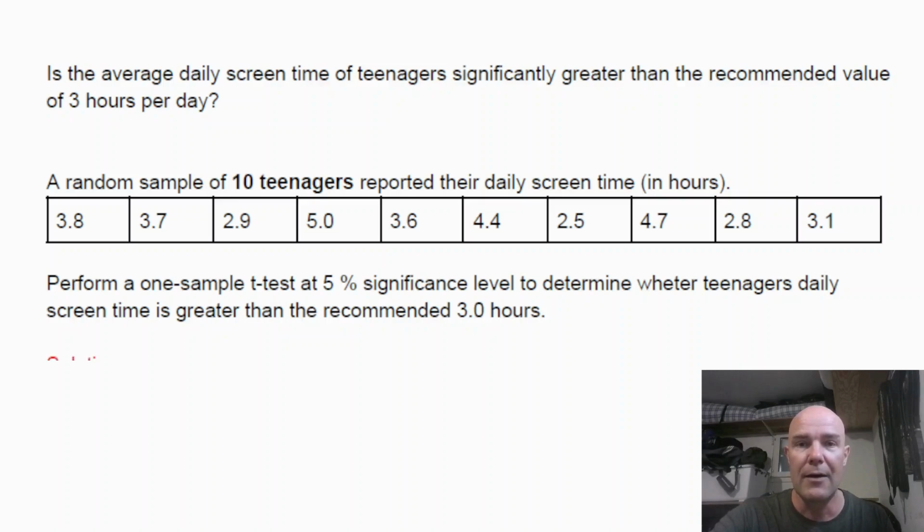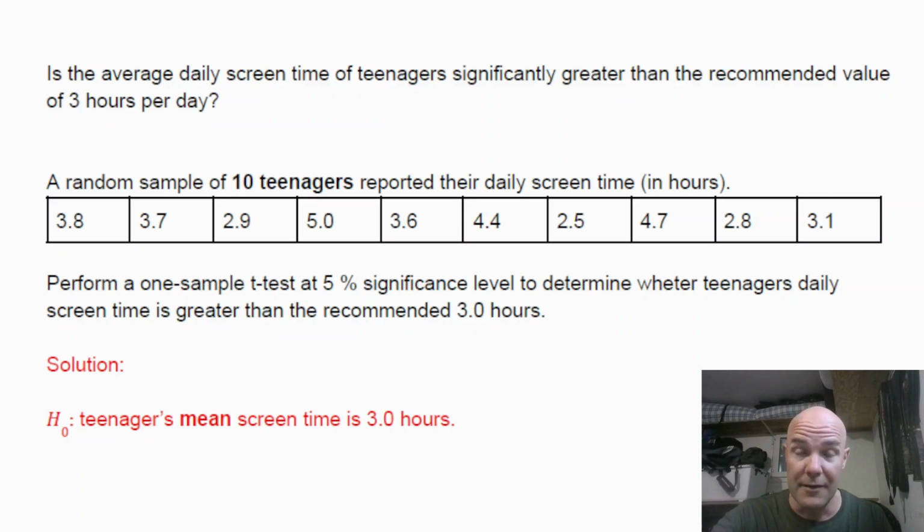The null hypothesis in this question is the given 3 hours mean time. So the null hypothesis is that teenagers' mean screen time is 3 hours. It is important that you have the word mean in there, or average could be there as well.